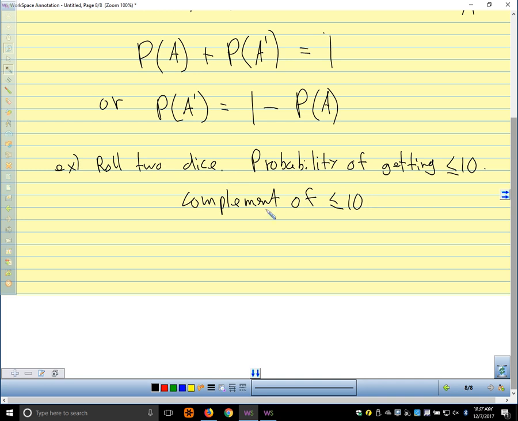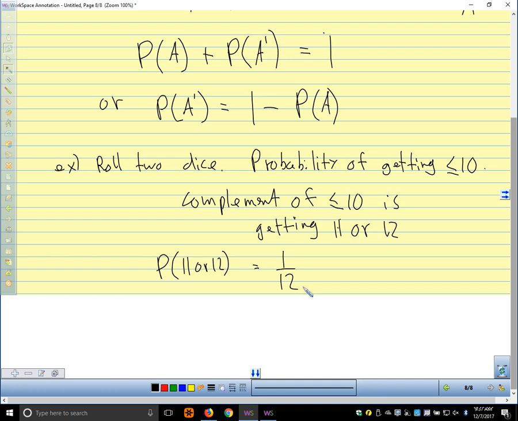The complement of less than or equal to 10 is getting 11 or 12. Well, didn't we just calculate that? The probability of 11 or 12, which we did in our previous example, was 1 in 12.